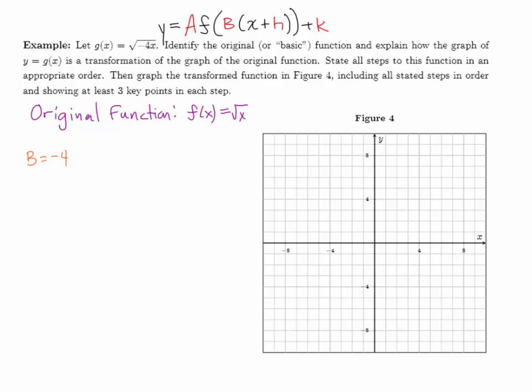So we're multiplying x by negative 4, which means that we're going to see a horizontal stretch or compression, and then we'll also see a reflection. The first thing that we'll see, because of that negative, is that this graph is going to reflect across the vertical axis, or in this case the y-axis.